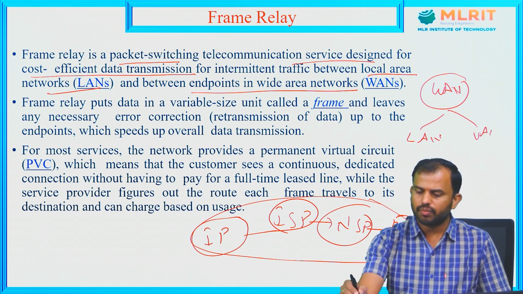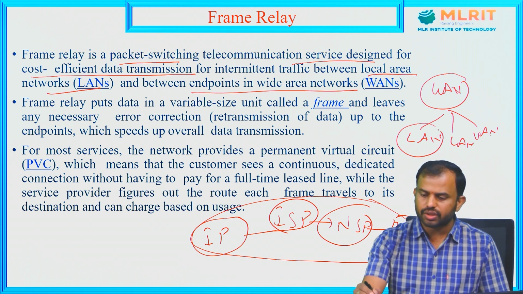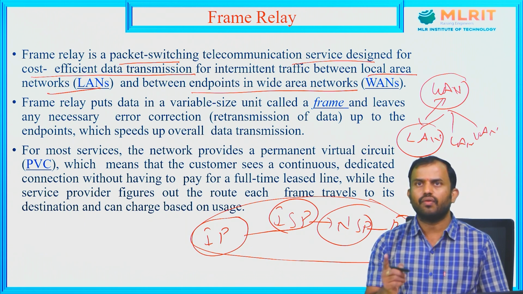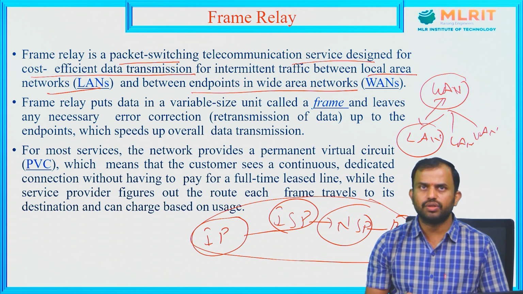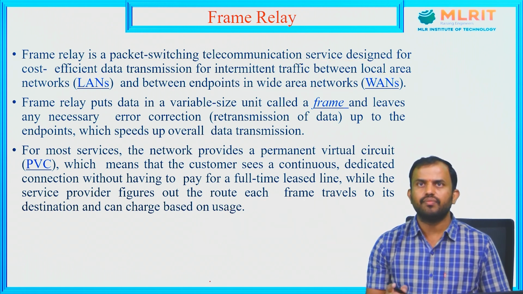So we can integrate these LAN connections into my WAN connection, from local area network to wide area network. So this acts as a vital role in communicating the information transmission between the LAN and the WAN connection, which we call intermittent traffic between the LAN and the WAN, which means the end point of the WAN connection.